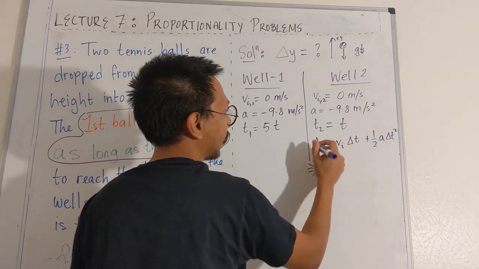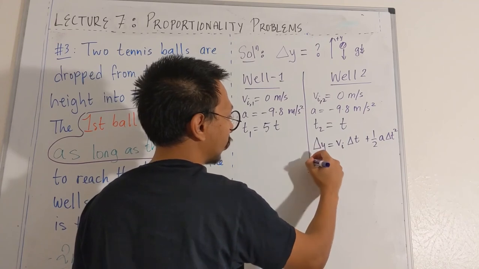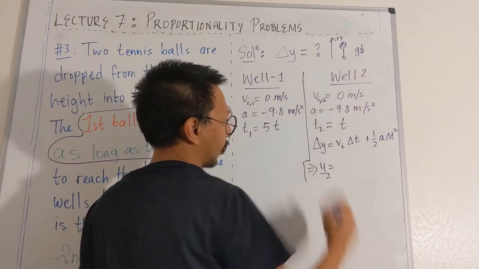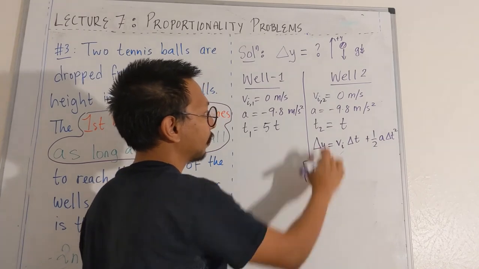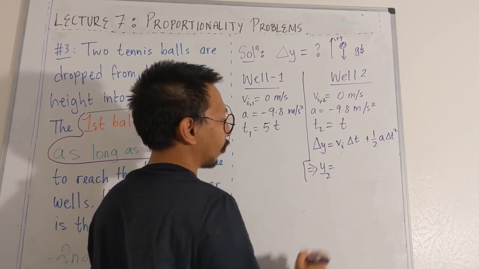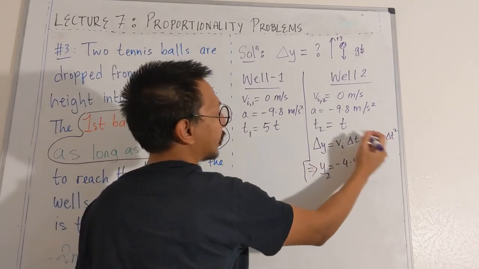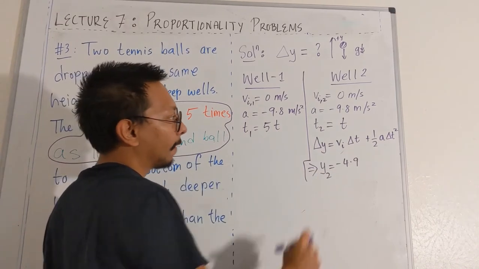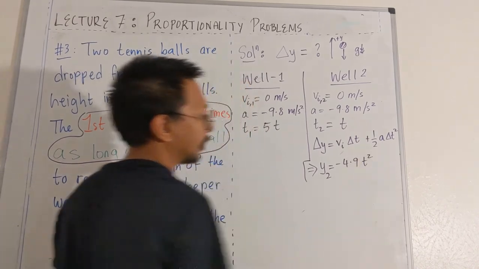Plugging in the information, delta y, let's call it y2 in this column, equals vi t, which is 0, so that term goes away. This whole term is 0 for this problem. And acceleration is negative 9.8, so negative 9.8 over 2 is negative 4.9, times delta t squared. Now ti is 0 because that's when you drop the ball, so delta t is just t minus 0, which is t squared.